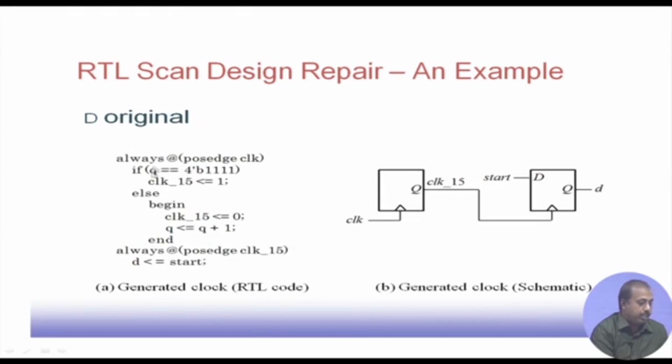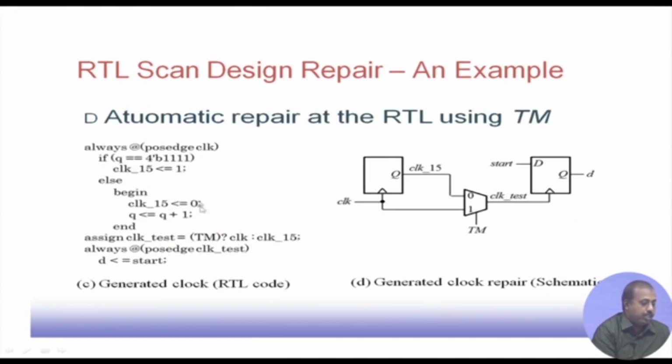We had this as the previous RTL code, and now we have got this as the new RTL code. It says assign clock test equal to, with a condition check on the TM signal. If TM is high, then clock test is getting clock.